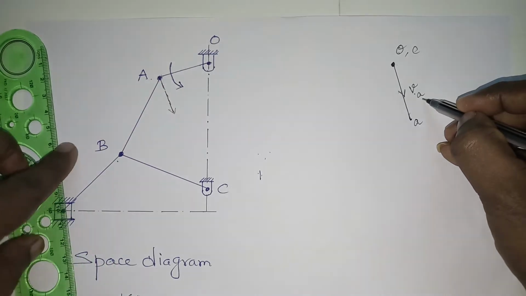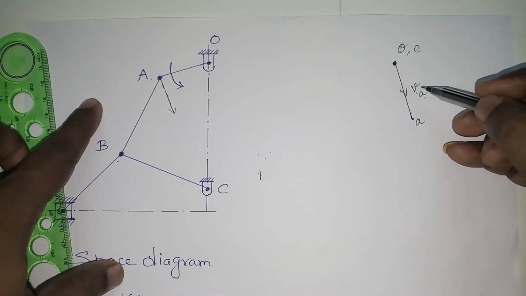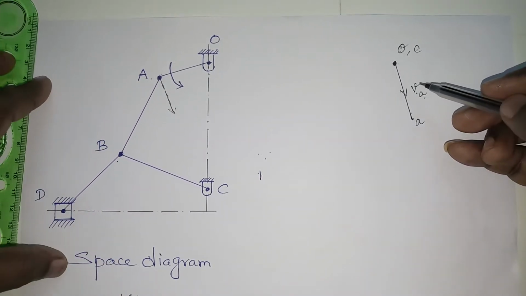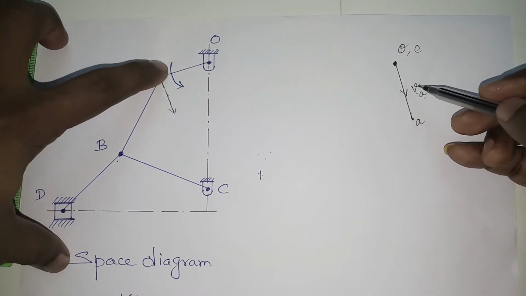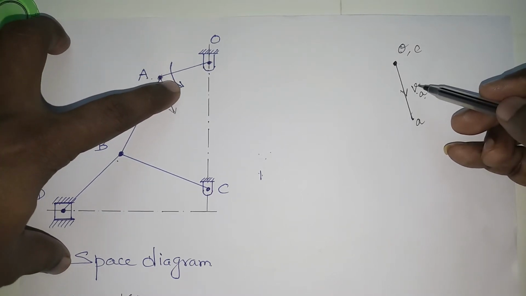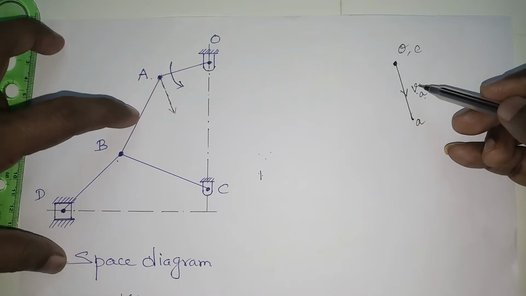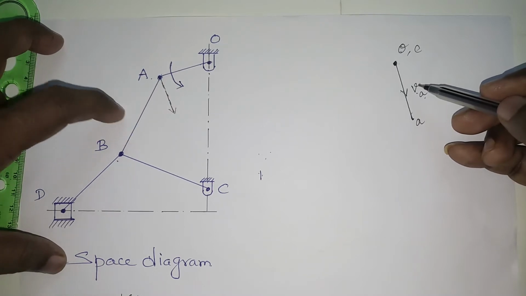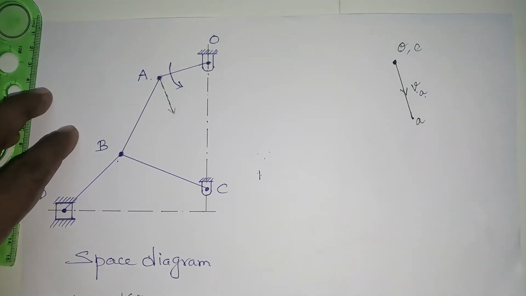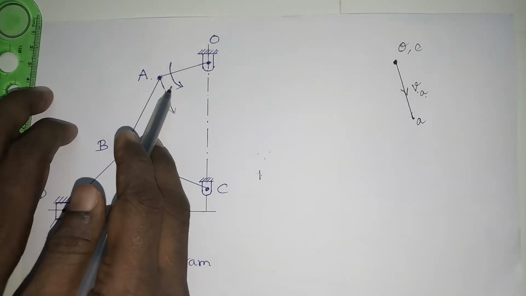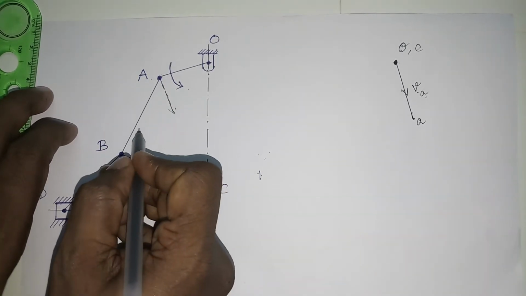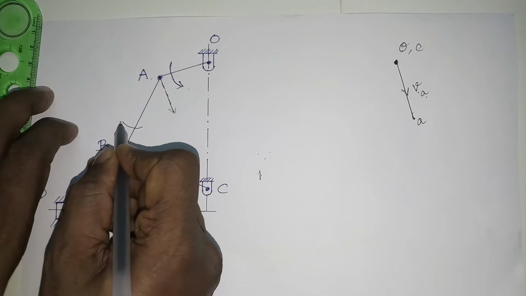I told you in the previous examples, once one link is rotating in one direction, the corresponding other link will be rotating in the opposite direction. Since this link is rotating in anti-clockwise, this link will try to rotate in clockwise direction.